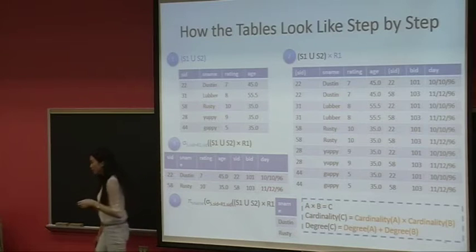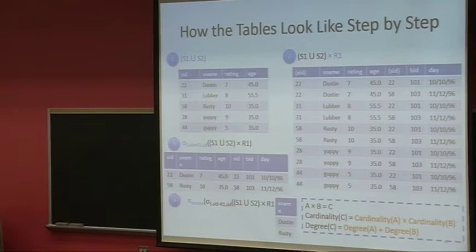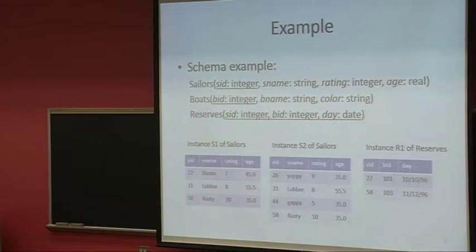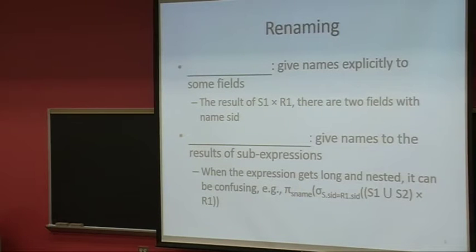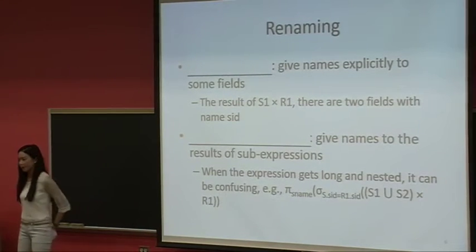So this is why we will need renaming. Here I put the example again, though there was already an example in the previous slide. Just make sure you can refer to and know what data we're talking about. So slide 6, here's where we need renaming.